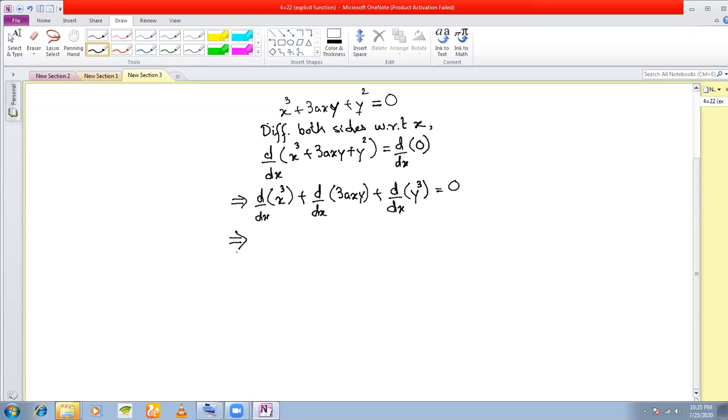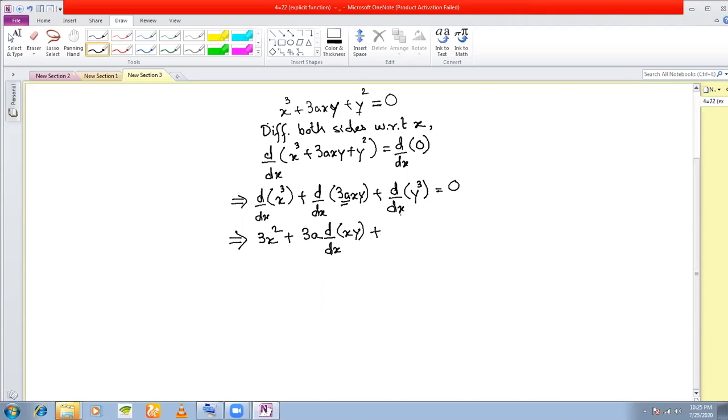Now what happens? What is d/dx of x cube? 3x square, right? What about differentiation of this? 3a is a constant, so I take it out of the differentiation: 3a d/dx of xy. And what is d/dx of y cube?